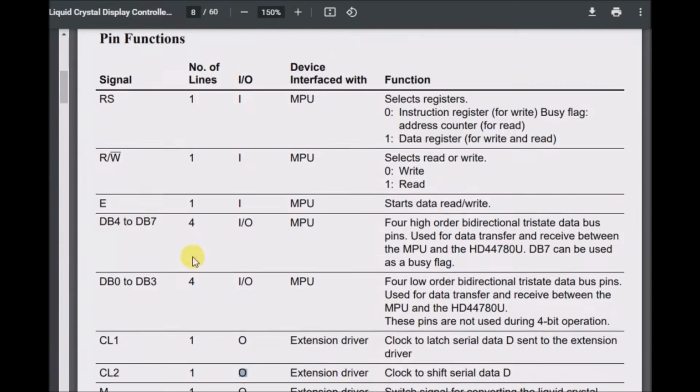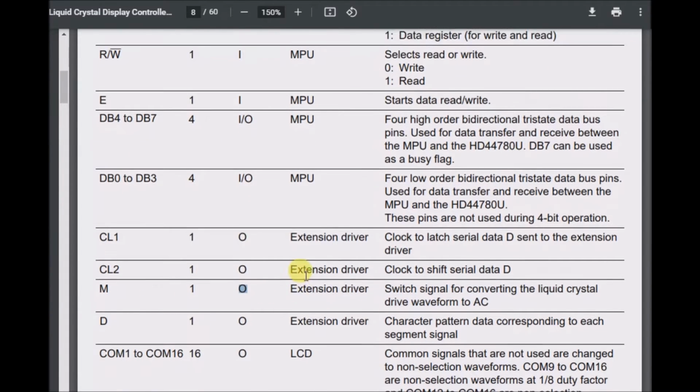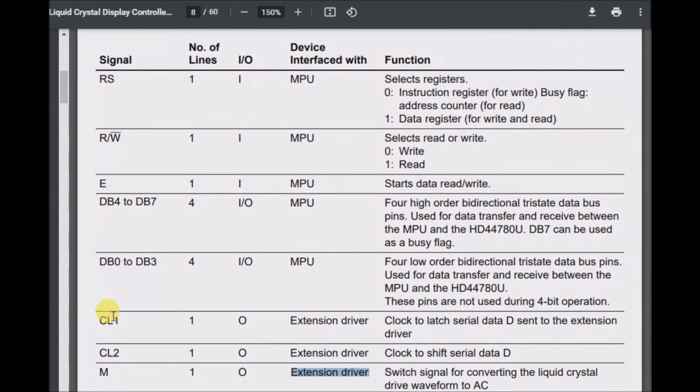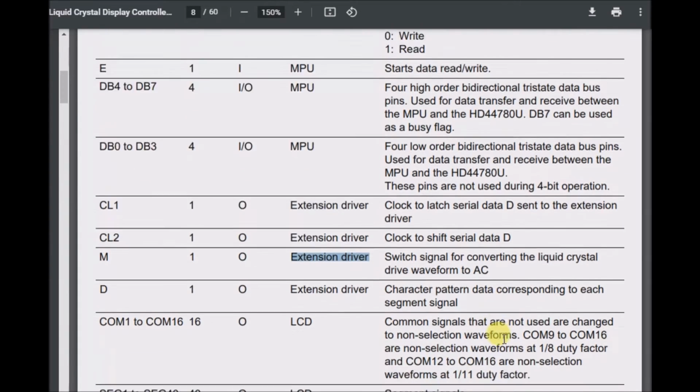Okay, pin functions: M, one line, is an output, interfaced with the extension driver, switch signal for converting the liquid crystal drive waveform to AC. D, again that's the signal, one line, is an output, interfaced with the extension driver, character pattern data corresponding to each segment signal.